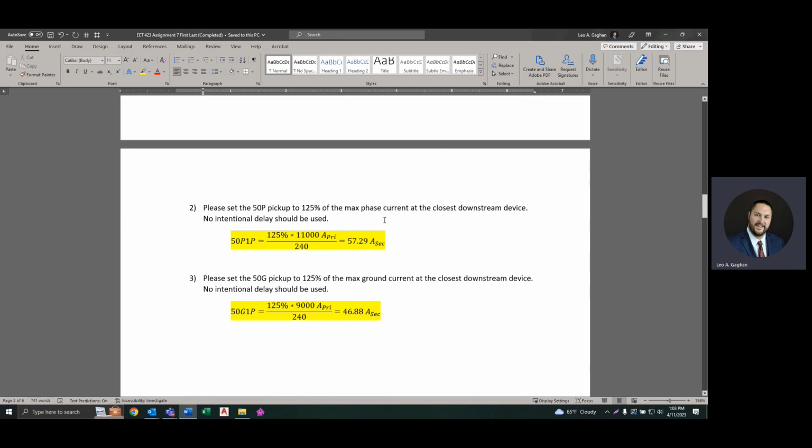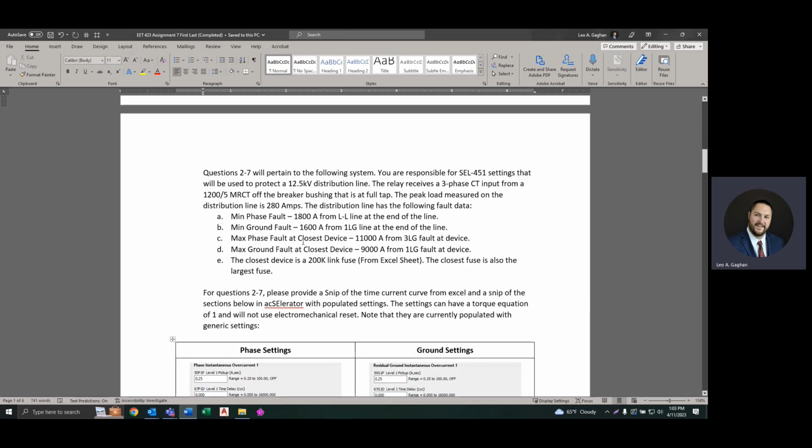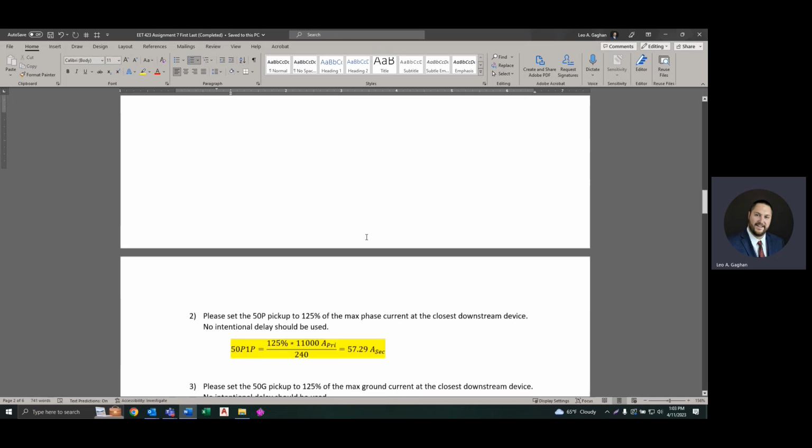For number two, we wanted to set the 50P pickup to 125% of the maximum phase current at the closest downstream device. Here we can see the maximum phase current at the closest device was 1100 amps.